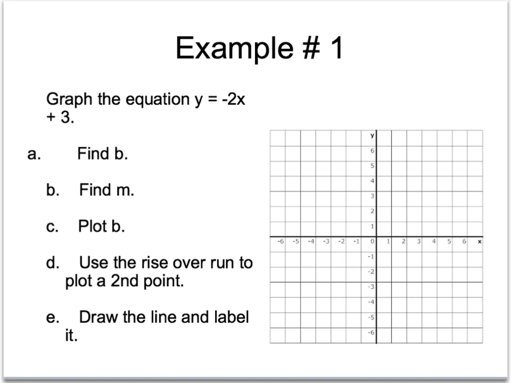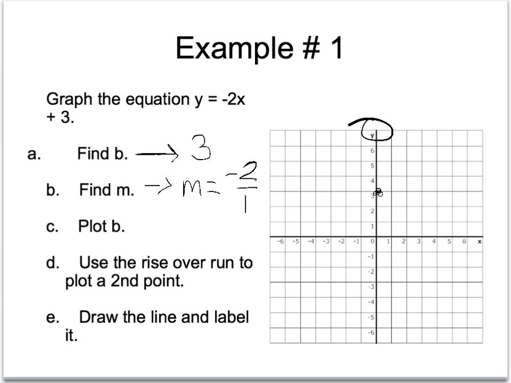So here's example number 1. We are going to graph the equation y equals negative 2x plus 3, and the value for b looks like a positive 3, and positive 3 on my graph is right here on the y-axis. And the slope from the equation is m equals negative 2, and because it's a whole number, we're going to put it over 1.